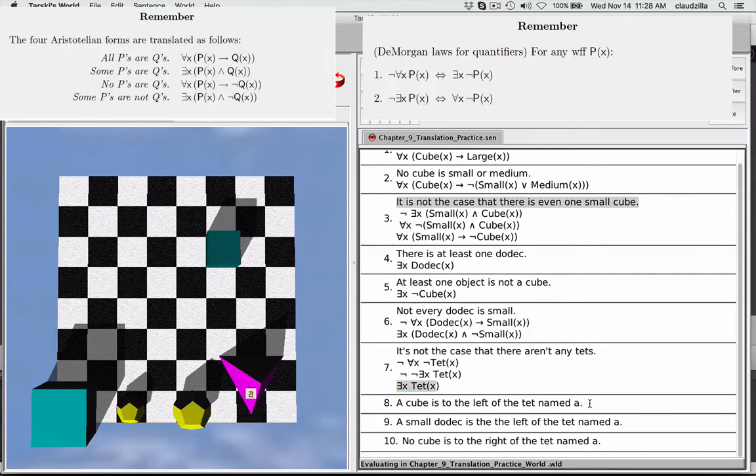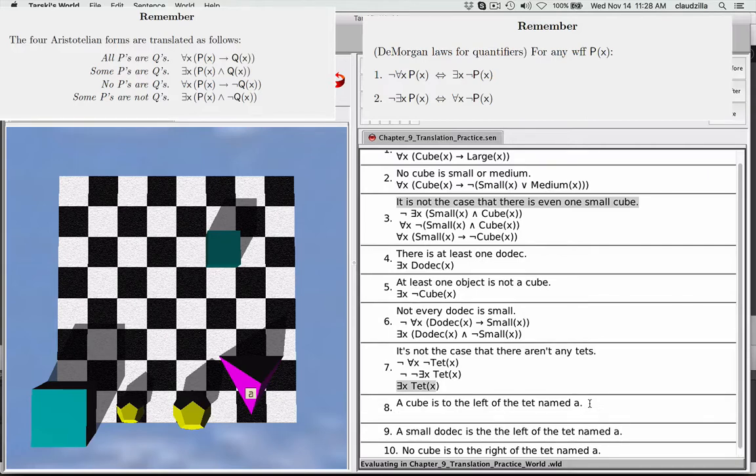Now the last three exercises involve the one object that has a name. And I've included these because we want to remember that when we name an entity, depending on what's going on with the quantified part of the sentence, we're not going to leave that named entity unbound. So let's go ahead and start with our tet named A.